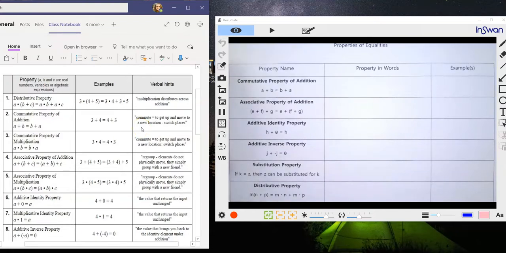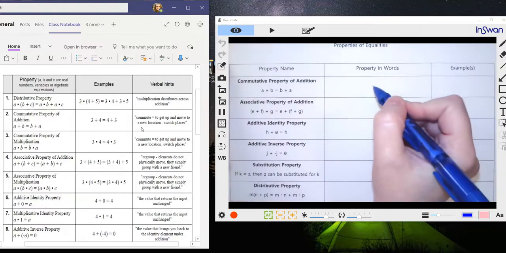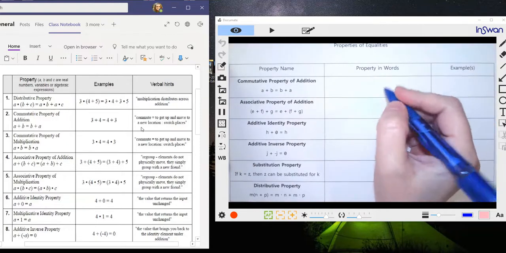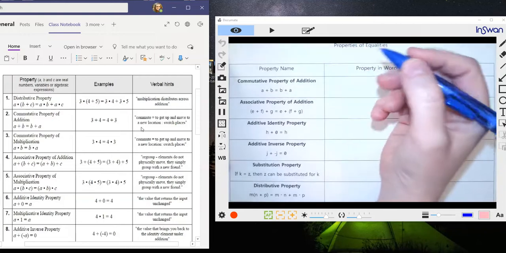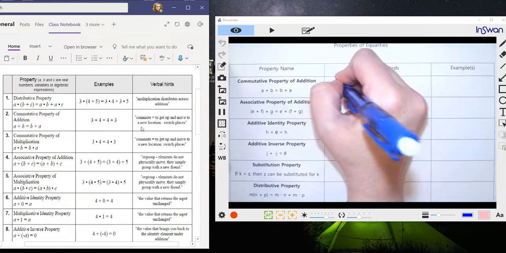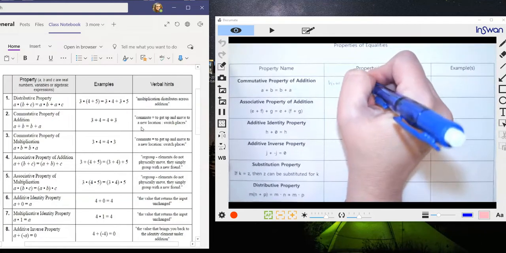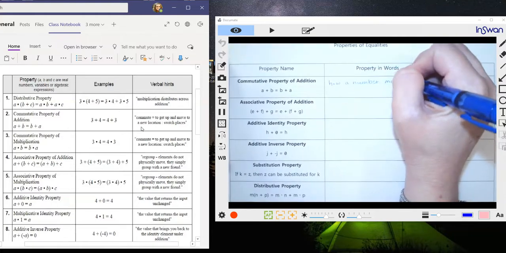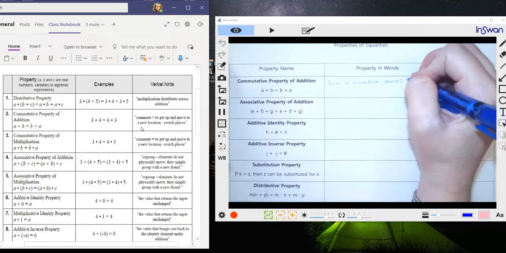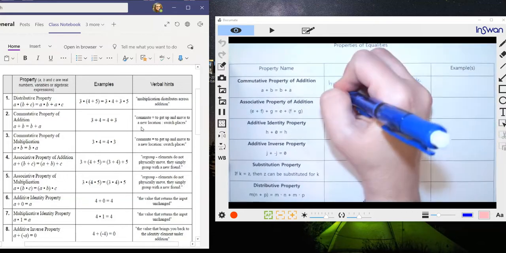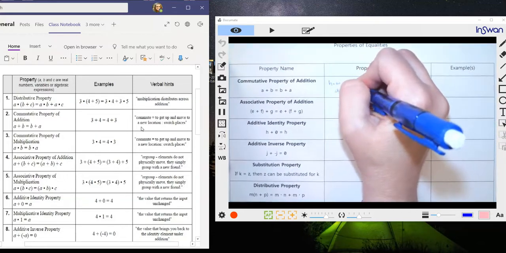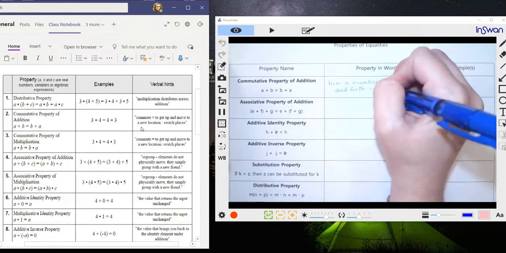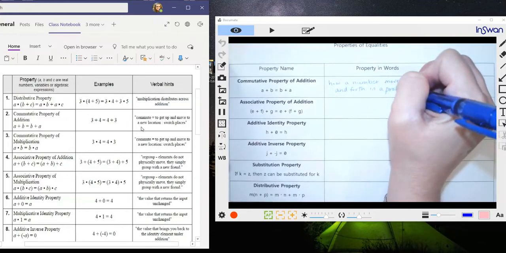So on my sheet, I'm going to talk about the property in words. So we could say how a number moves back and forth in a problem, right?